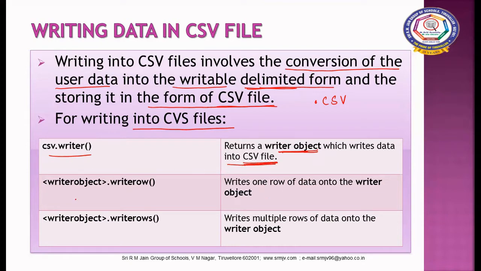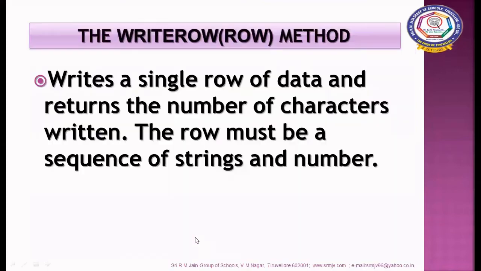That writer object is associated with functions called writerow and writerows. writerow writes one row of data into the writer object, so each row of your record is written into the file. writerows writes multiple rows of data onto the writer object.